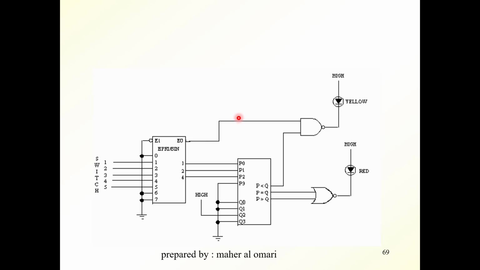So this will be a 0, which will turn this one into a 1, and this will keep this light off. Otherwise, if we connected this directly to the LED, this case would cause the LED to light up even if none of the switches are active, and we do not want that.